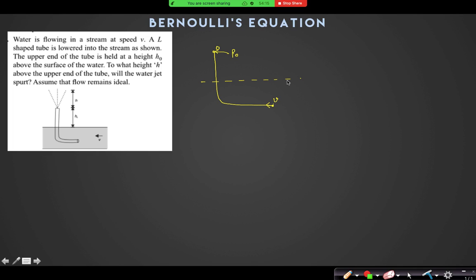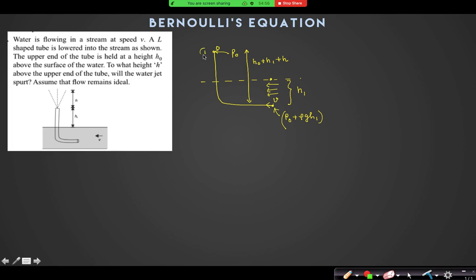What is the pressure at this point if the height is h1, suppose? Take it to be x. Is it P naught plus rho g h1? Yes, sir, because I am coming perpendicular to the fluid flow. Fluid is moving in this direction. And what is this total height? H naught plus h plus x. Sorry, h1. Yes.